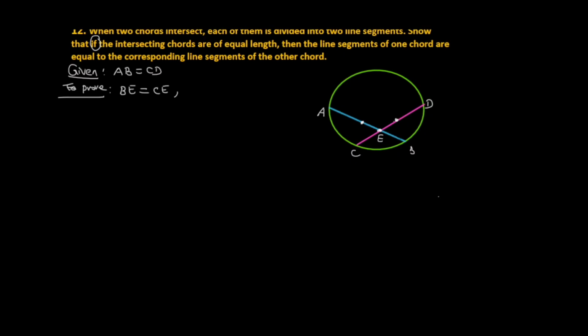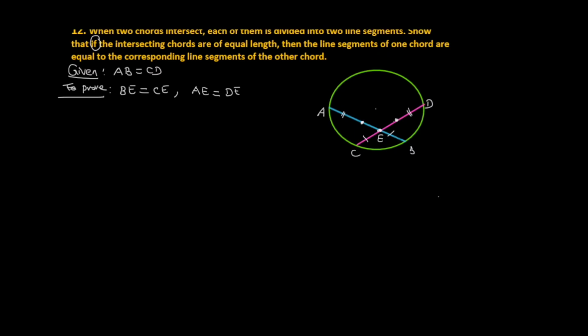So these two minor segments are equal. And the major segment of chord AB is AE, which is equal to the major segment of chord CD, which is DE. So we need to prove these corresponding segments are equal.